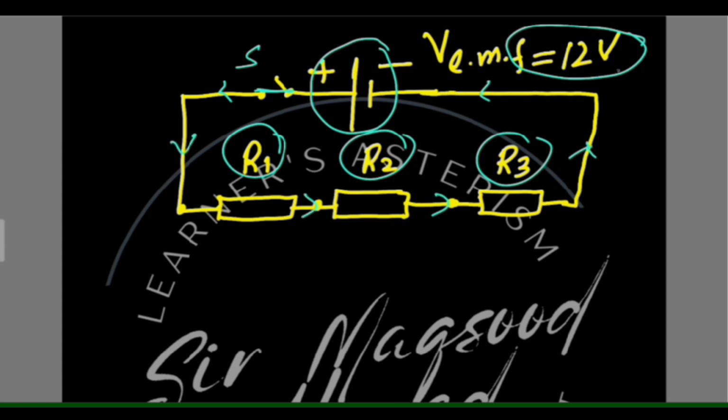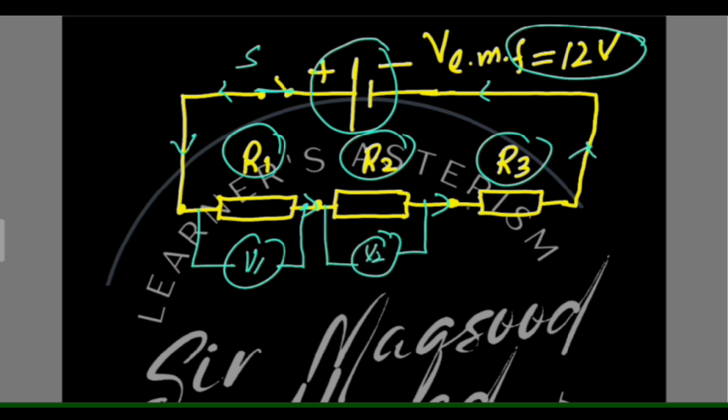So the total EMF 12 volt will now divide into three parts. The total supply voltage is 12 volt. By connecting three resistors in series, we can divide this 12 volt into three parts. Total voltage can be divided into different parts by connecting resistors in series.